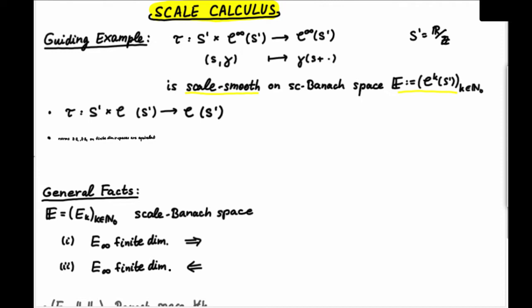I can see that by first convincing myself of another fact. I claimed before that when you map C1 to C0, it's actually differentiable. And if you map C^L to C0, it's going to be classically C^L.